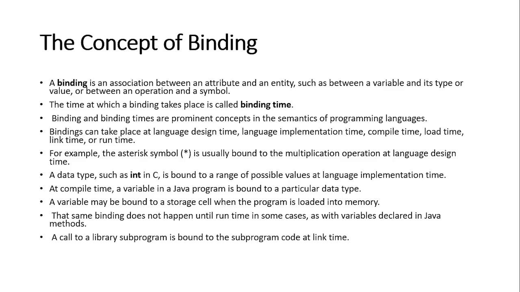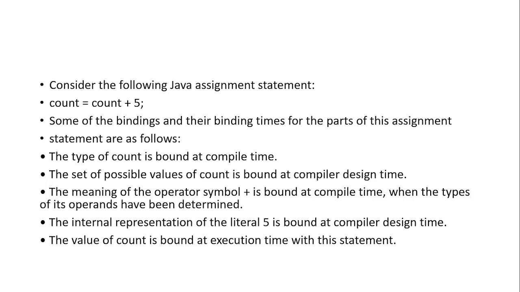Suppose we have a library subprogram. When we have a call to it, at linking time this call will be bound to the subprogram code that is available in the library. Now consider the following Java assignment statement: count = count + 5.